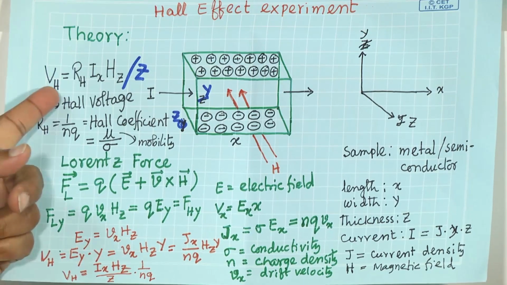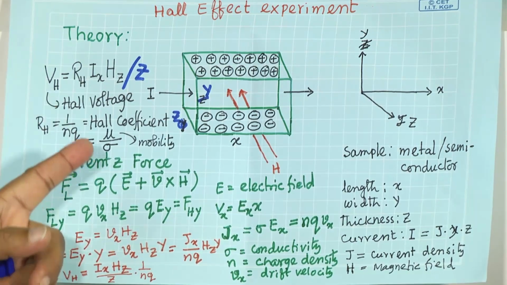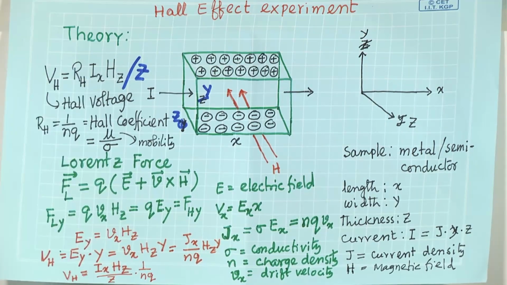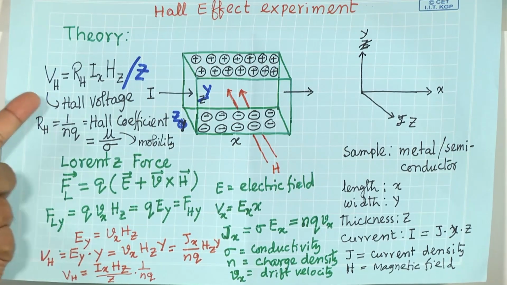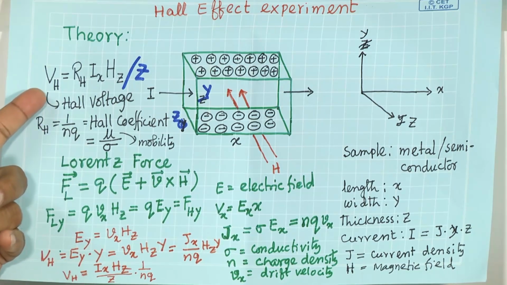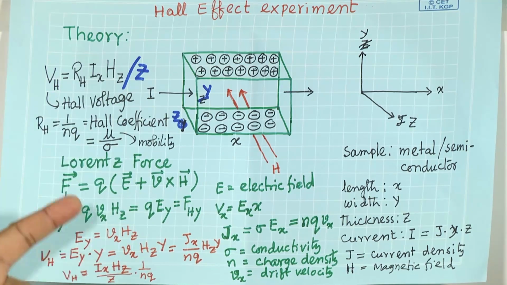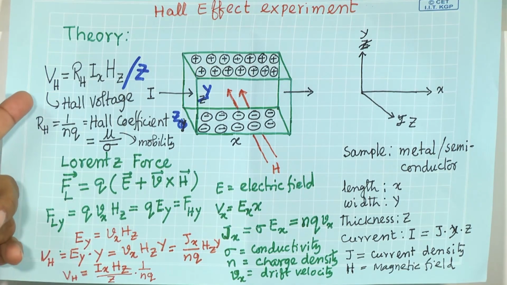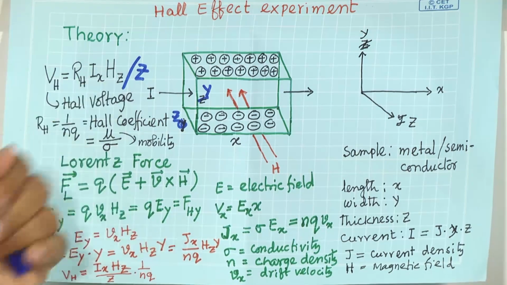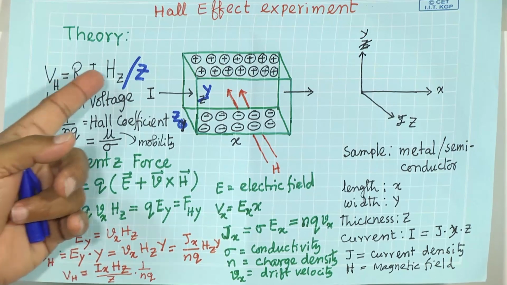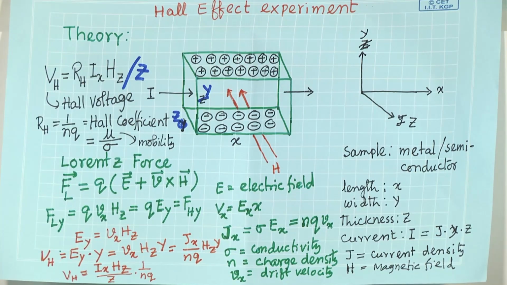So if you do the experiment measuring the Hall voltage as a function of magnetic field for a particular current, then you can plot VH as a function of H, and it is expected that it will be a linear curve of VH versus Hz.